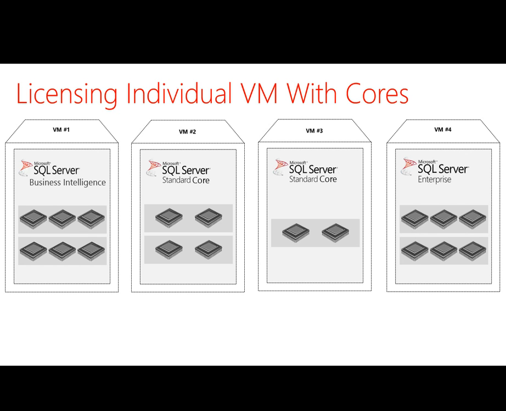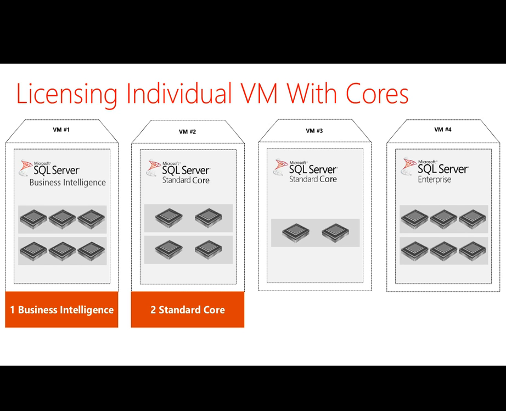So if it's one virtual machine with 6 cores, it's just going to be one license of Business Intelligence SQL Server 2014. For VM2, you have SQL Server Standard Core with 4 cores. Just count the number of cores and then divide by 2. You need to have 2 licenses of Standard Core. VM3, 2 cores.